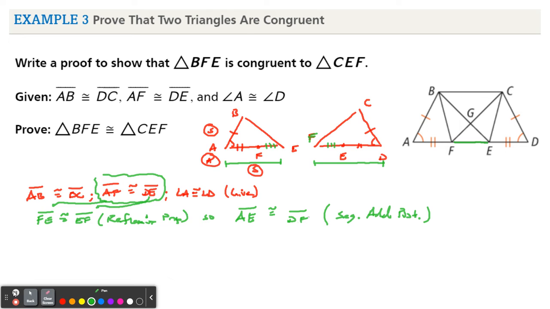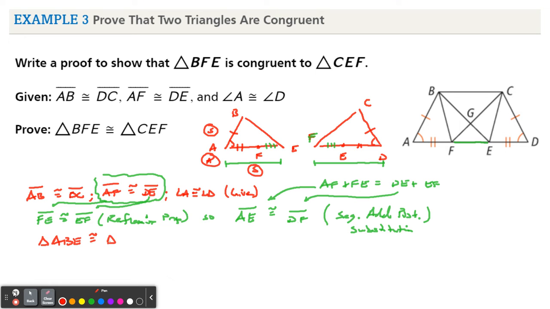It also involves some substitutions, because when you add, you're saying that AF plus FE is the same as DE plus EF, and of course AF plus FE is AE, and DE plus EF is DF. So it's a hybrid of segment addition postulate and some substitution. We're not being very formal; if you had to do a formal proof, it would walk you through it. So we now know that triangle ABE is congruent to triangle DCF by side angle side congruence.